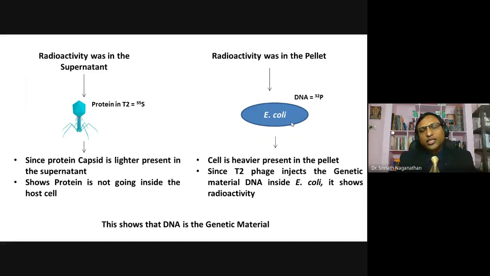And Hershey and Chase used T2 bacteriophages grown in the radioactive isotopes S35 and P32. It proved that the DNA incorporated with P32 is getting transferred inside the E. coli, and this proved that DNA is the genetic material.